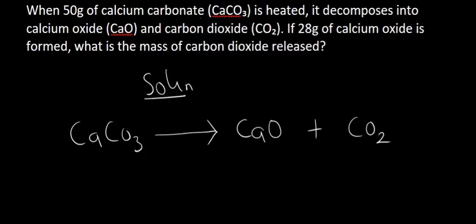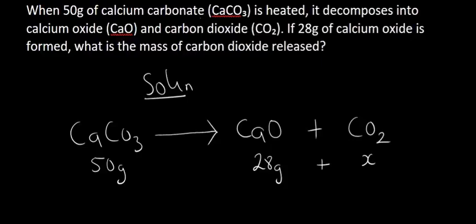That's what the reaction is saying. They told us that 50 grams of calcium carbonate decomposed to give us 28 grams of calcium oxide. And we are asked to find the mass of carbon dioxide released.